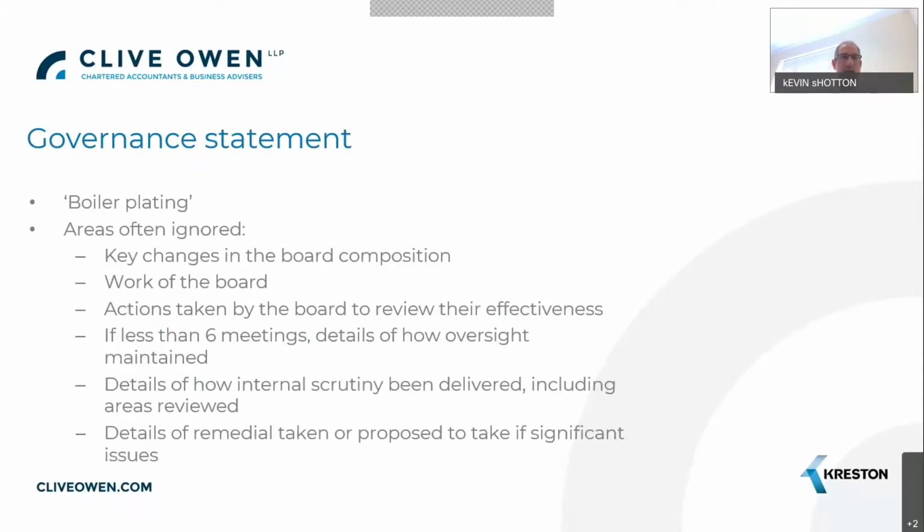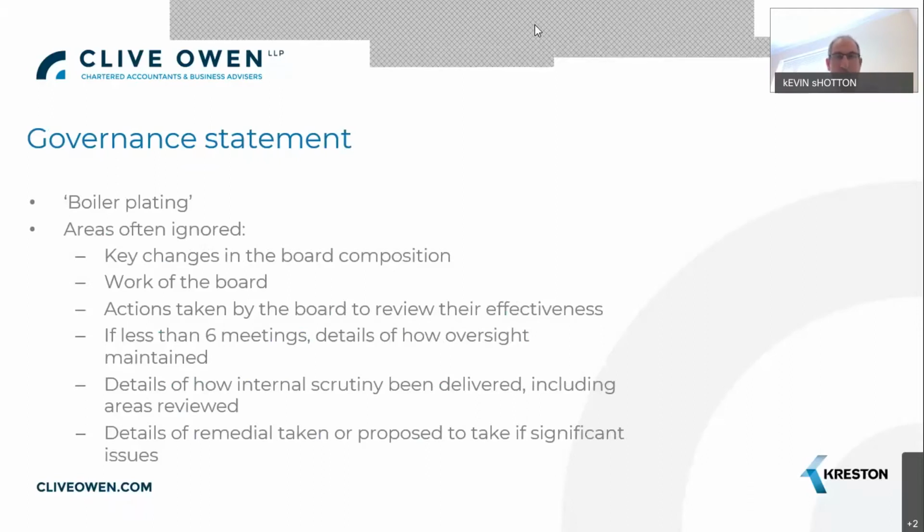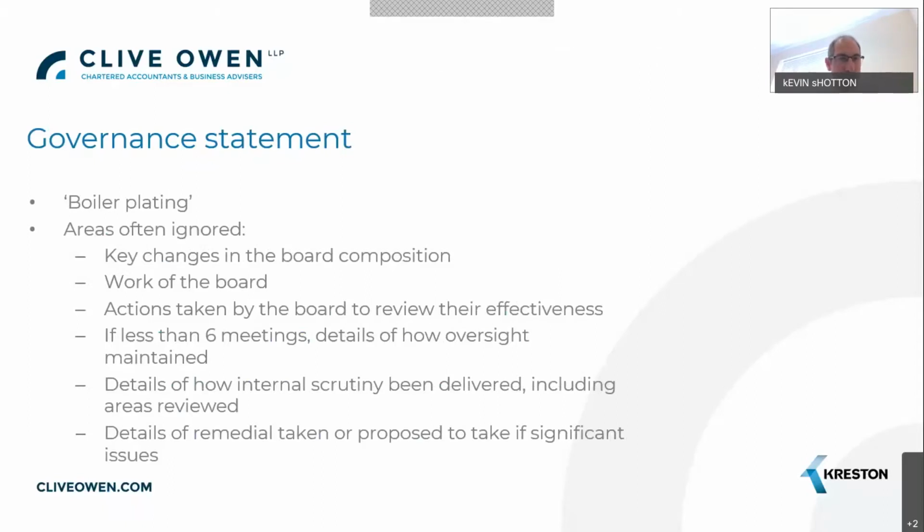I think the feeling within the ESFA is quite often that wording is just applied or copied into a number of trusts' accounts without giving due thought to the trust's individual circumstances, and sometimes it doesn't fit with the numbers that follow.